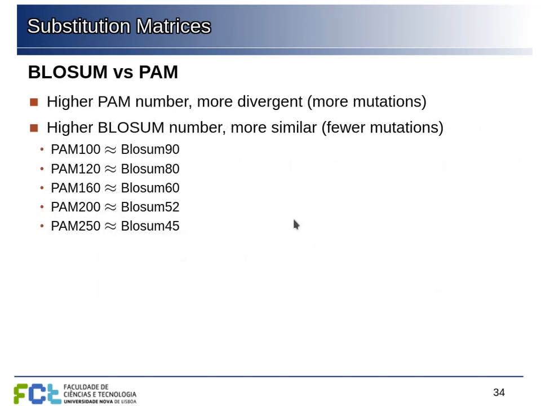The relation between the two is a bit inverse, because as we decrease the number in BLOSUM, we start grouping together more and more, or larger, families of similar sequences. Those count as one, and we start giving more relative weight to more divergent sequences.